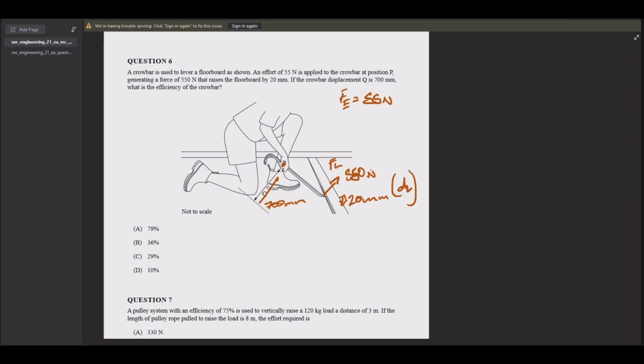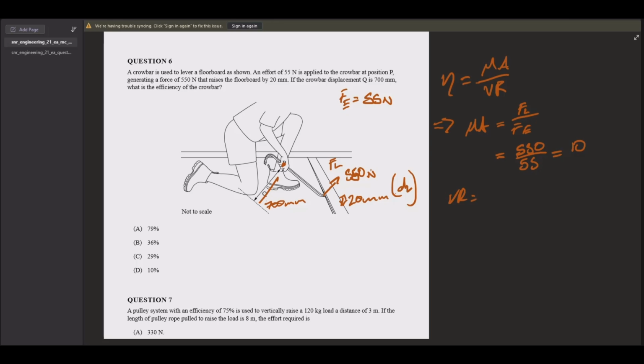So we pull out our formula. Efficiency is MA on VR. This is on the formula sheet. It follows that MA is force of the load divided by force of the effort. That's 550 divided by 55, which gives us 10.